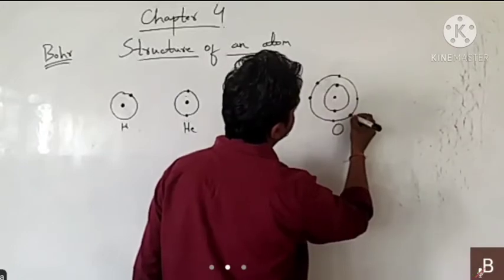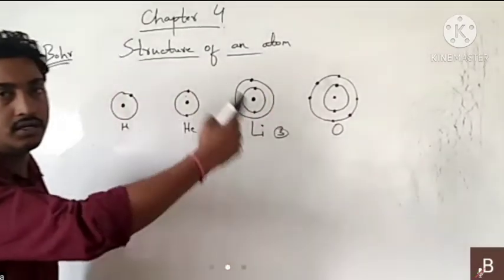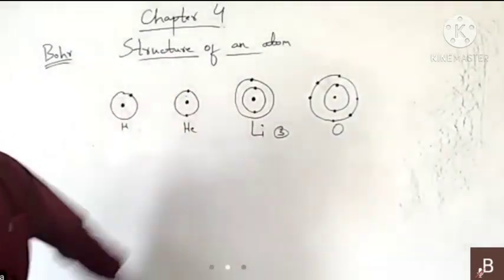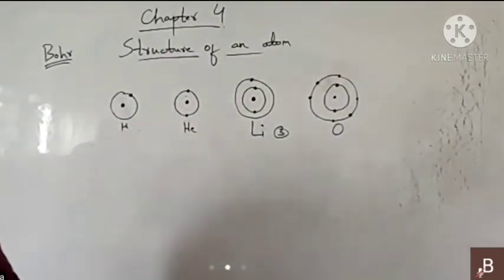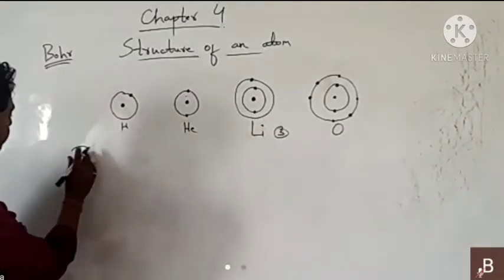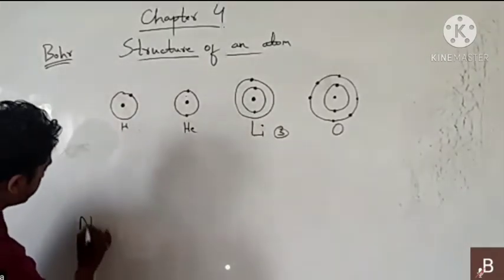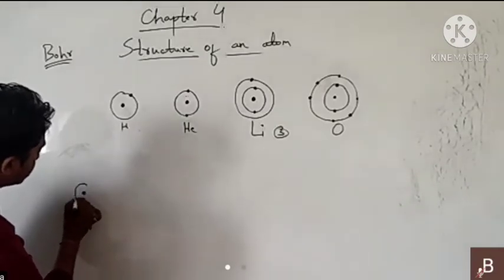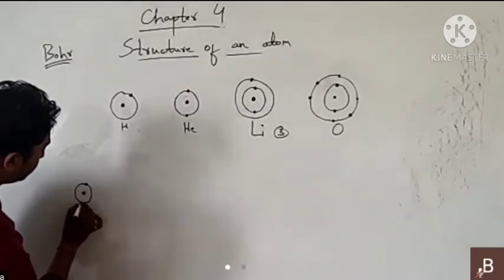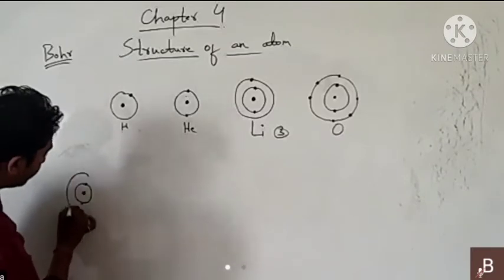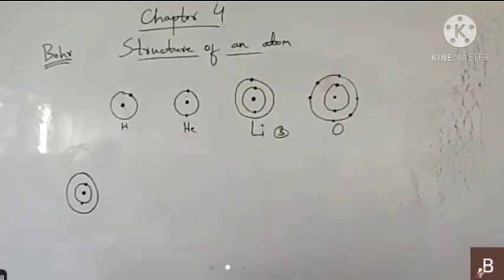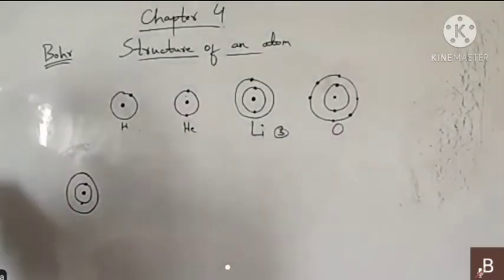Similarly we can do this for other elements also, like nitrogen and sodium. So let's take an example of sodium here. In the first shell we can put 2 in sodium, then in the next shell, that means the L shell, we have to put 8.